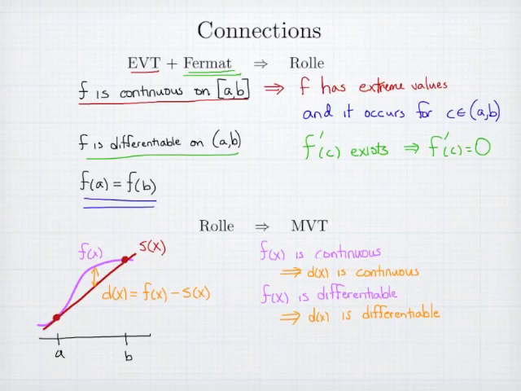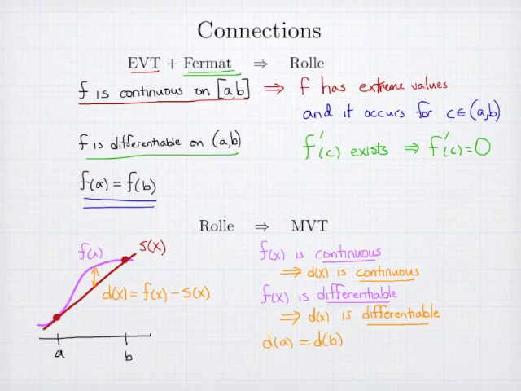That is, because f of x satisfies the hypothesis of the mean value theorem, that means f of x is both continuous and differentiable. Because the secant line is a simple line, and d of x is the difference, that guarantees for us that d of x, our difference, is continuous and differentiable.